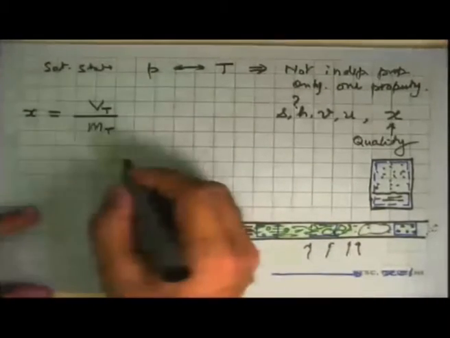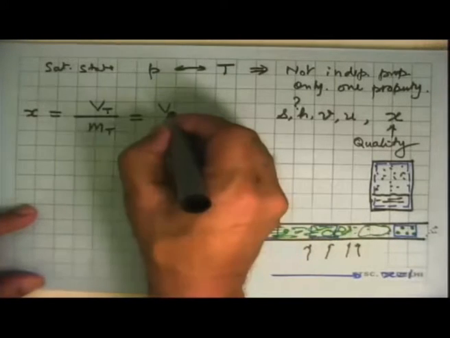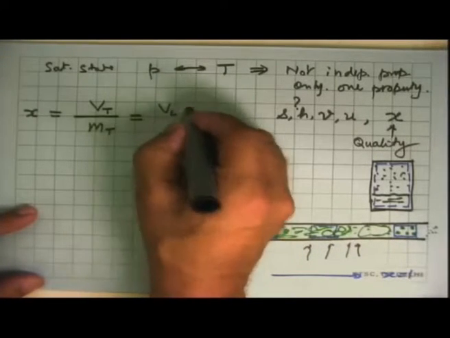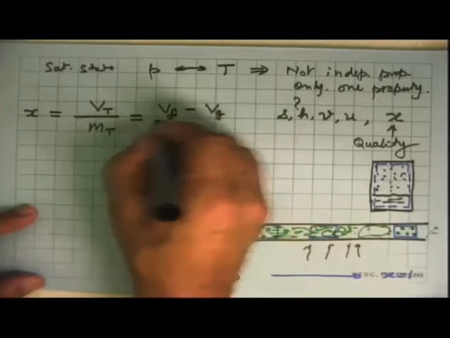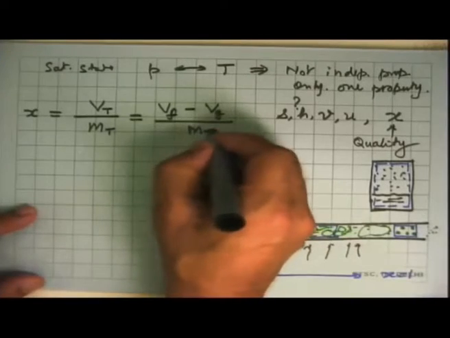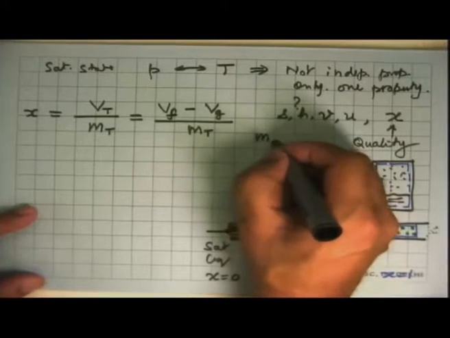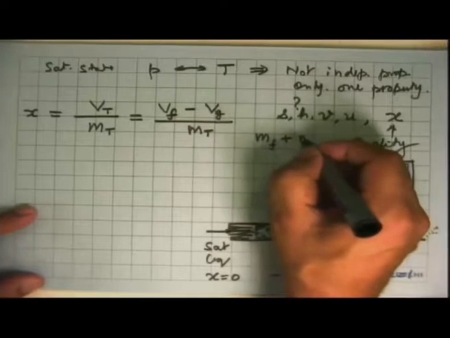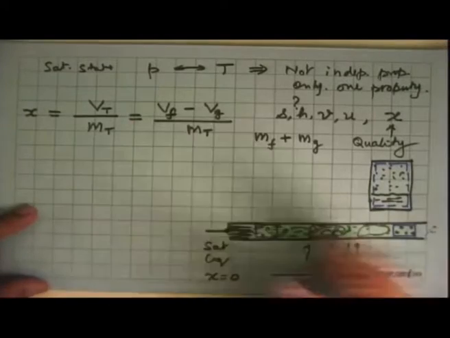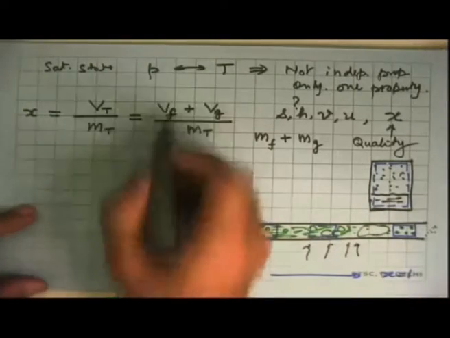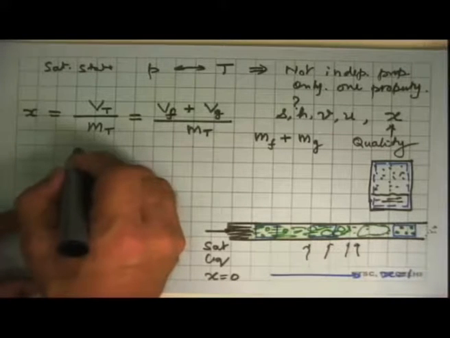And we can then write that the specific volume is the volume occupied by the liquid, the f, plus the volume occupied by the gas, the vapor, divided by the total mass. The total mass is the mass of the liquid plus the mass of the vapor. The volume itself we can write in terms of specific properties.